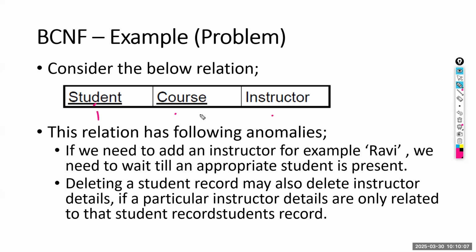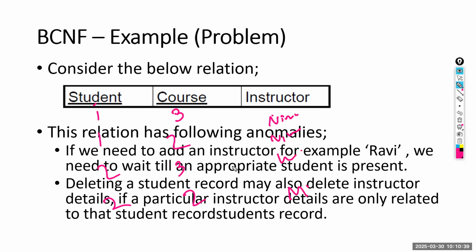Say student 1, course 3, instructor is Nimali. Student 1, course 2, Nimali. Student 2, course 3, Nimali. Maybe student 2, course 2, again Nimali. Maybe there is another table called course, but there is no table where we keep data about instructors. This is the only table.